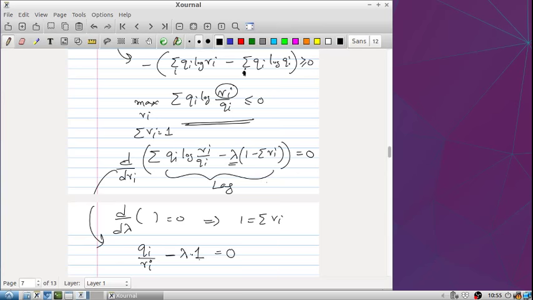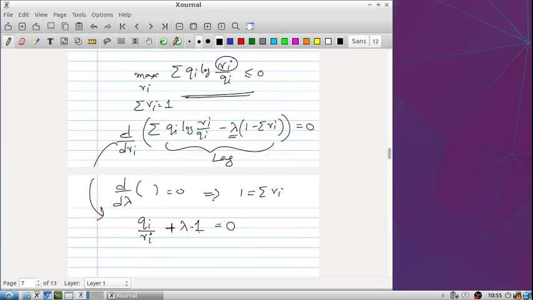Take the minus lambda, which is just a coefficient. You take the derivative of this with respect to Ri, you get, I guess, minus 1, right? So actually just put plus 1. Okay. Actually, yeah, it doesn't matter.